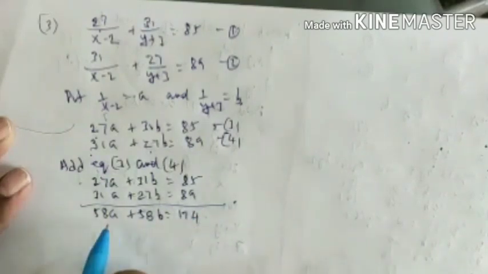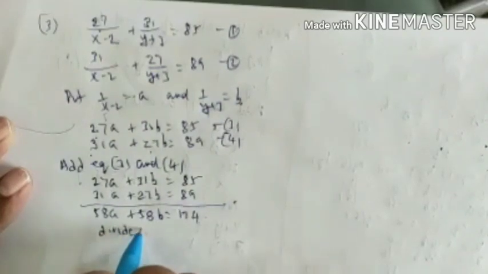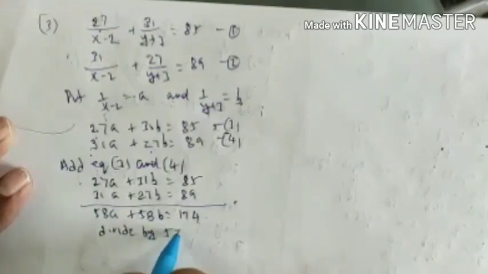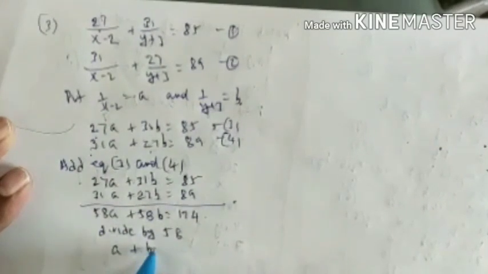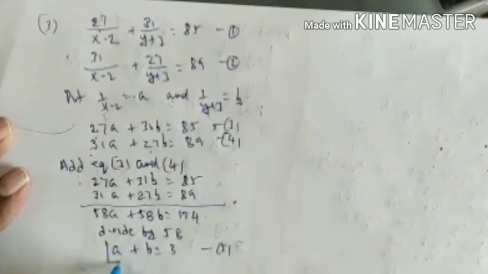Now we shall divide by 58. If we divide by 58, here we get a plus b. 58 will go here 3 times. A plus b equal to 3. Write this as equation number 5. We got the value of a plus b.